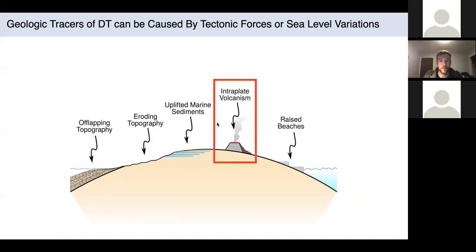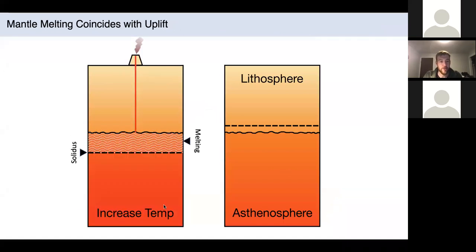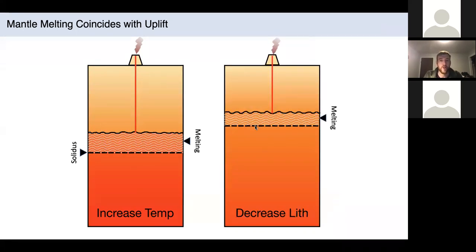So what we thought was maybe intraplate volcanism could be a really useful additional observation, because intraplate volcanism is generally generated one of two ways. Either you increase the temperature of the upper mantle, and that deepens the solidus and generates melting, or you can thin the lithosphere, and that also allows melting to occur as the lithosphere becomes thinner than the solidus.